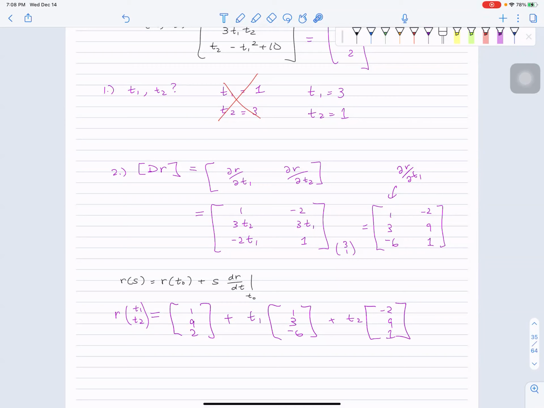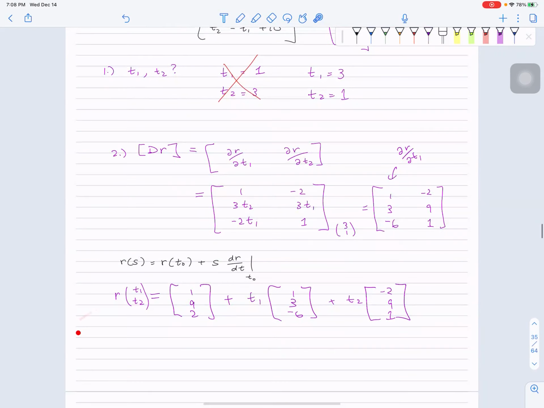We can do this because the columns in our derivative matrix represent your tangent vectors on your plane. And so we're going to just take those columns; those are our directions. So this is the parametric equation of a tangent plane.